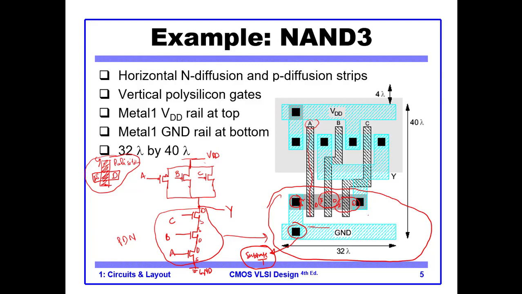It will be clarified when we discuss the upper one how parallel connections look. But before going into that, let's talk about this point. You see here the drain of transistor C is connected with this contact.